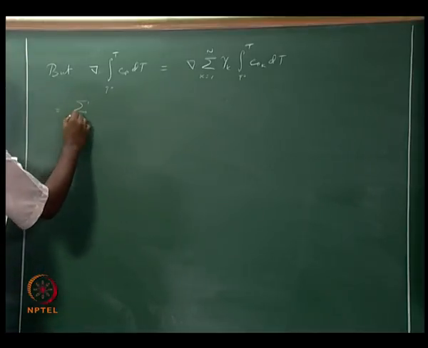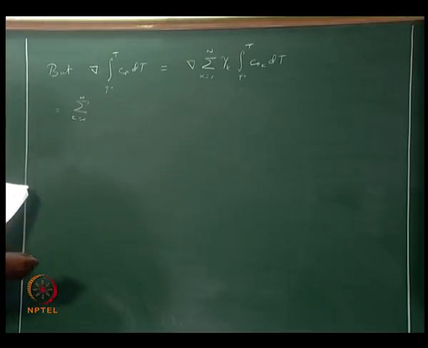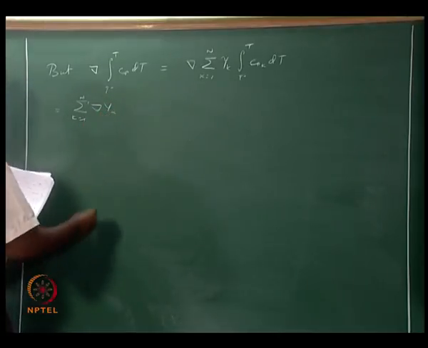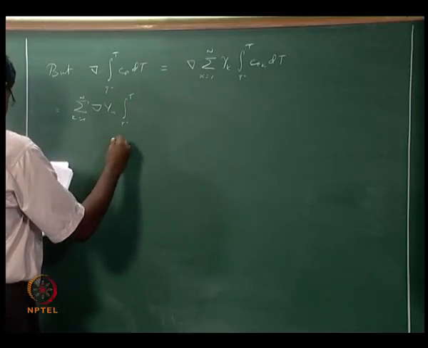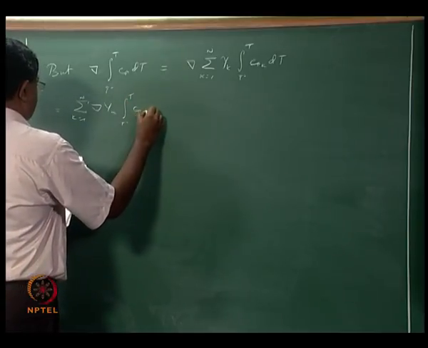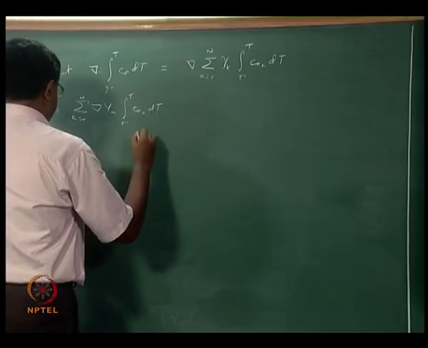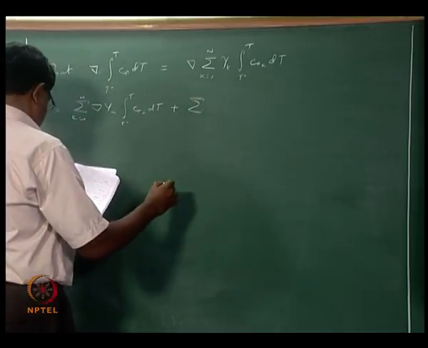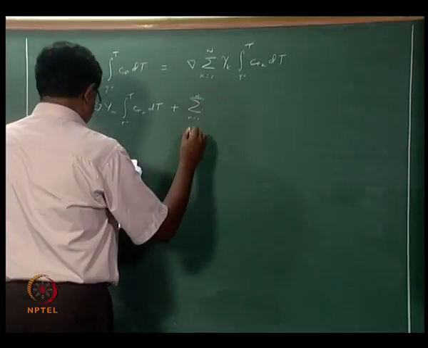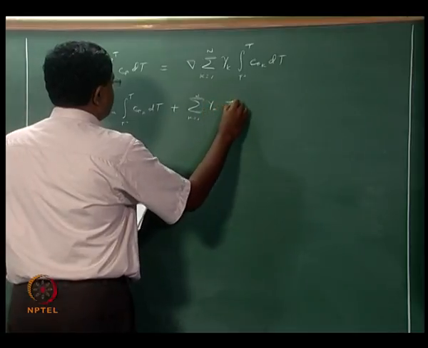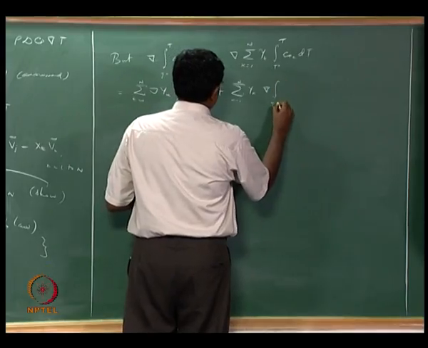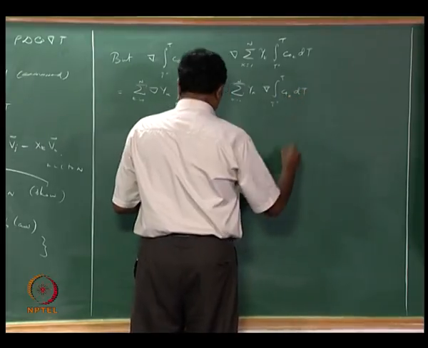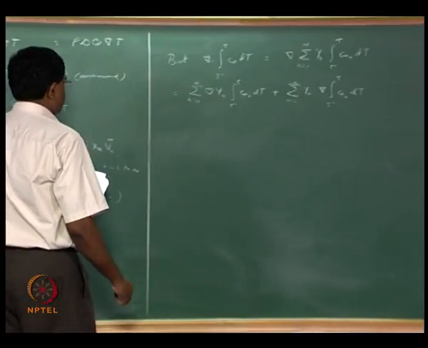So this is k equals 1 to n gradient yk, alright, integral t naught to t cpk dt plus sigma k equals 1 to n yk gradient integral t naught to t cpk dt, right.